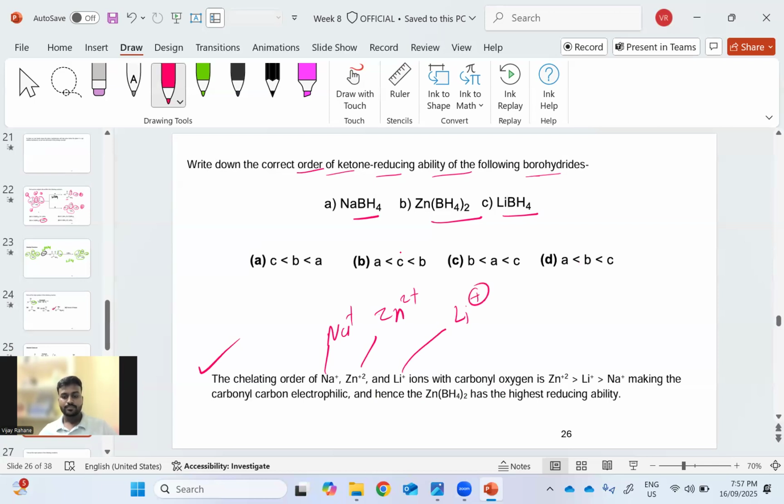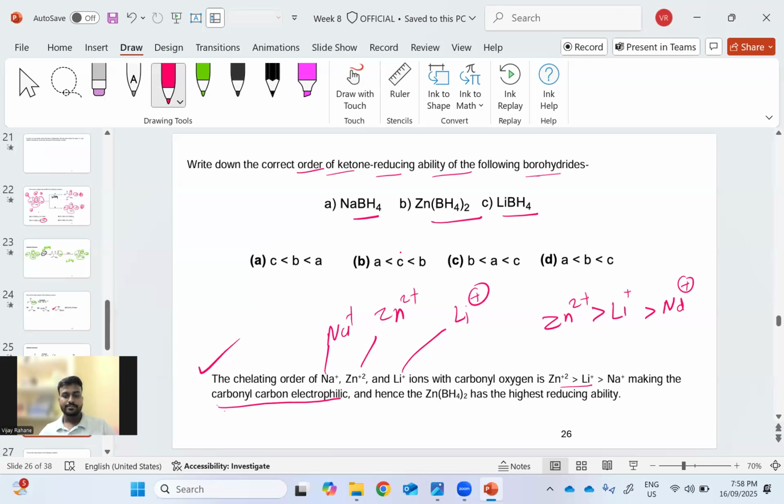Zinc 2 plus has more ability for chelating with the oxygen, then lithium plus, and then sodium plus. Therefore, the carbon becomes more electrophilic, and the order will follow the same chelating ability.